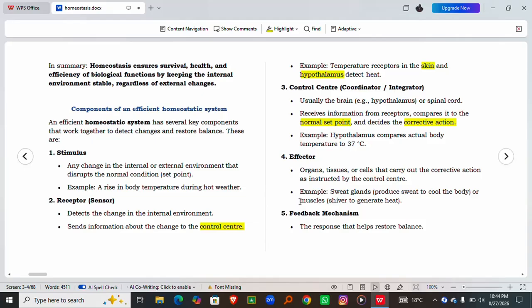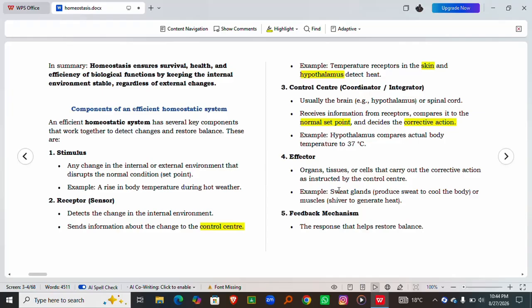This is going to help to raise the temperature owing to the fact that the temperature has decreased below the normal set point. Sweat glands will produce sweat so that the sweat is going to evaporate out of the body with the heat, and too much heat is lost to the surrounding, resulting in cooling of the body.